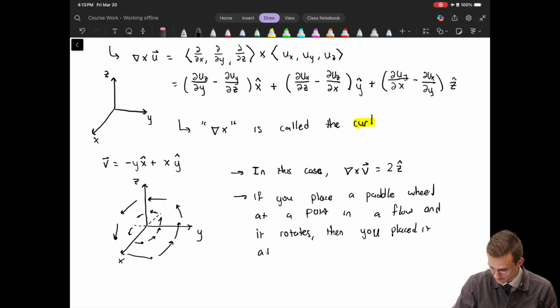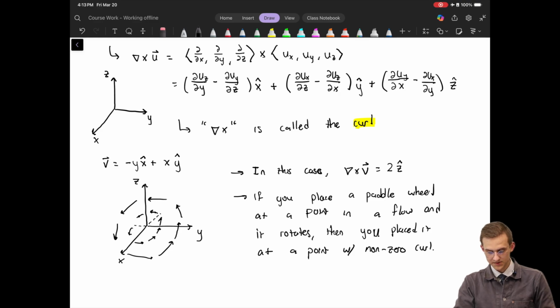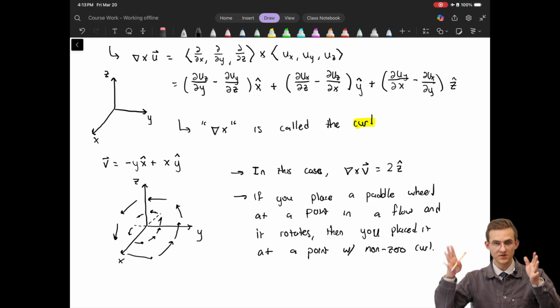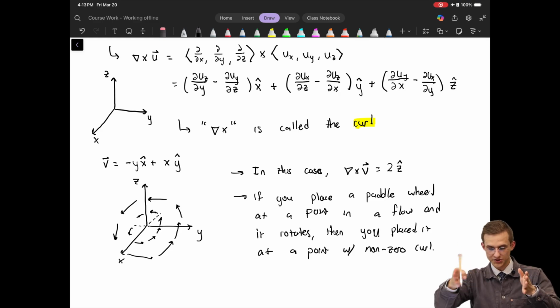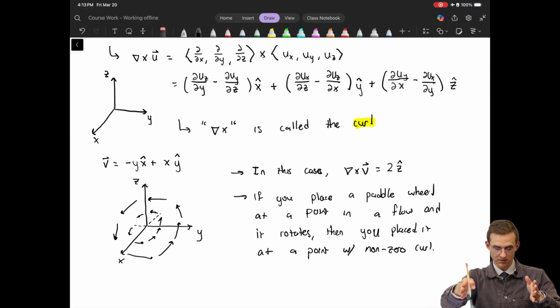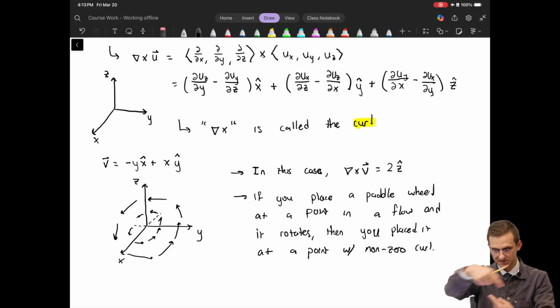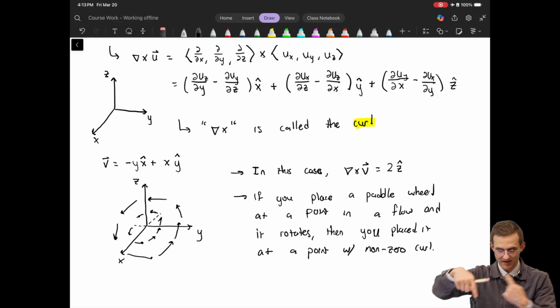In other words, the vectors on one side of the paddle wheel are pushing it in this direction harder than the other side, or pushing the other direction, and generally the net result is that it rotates like this.